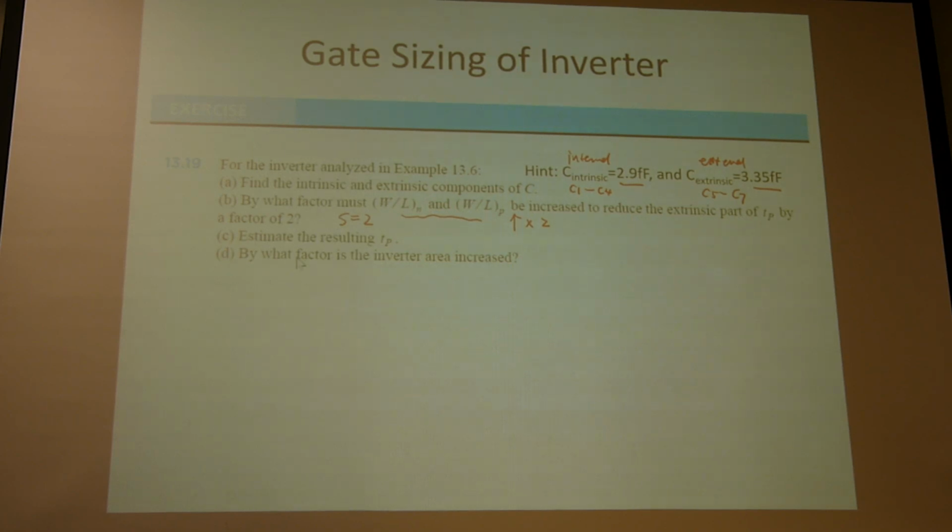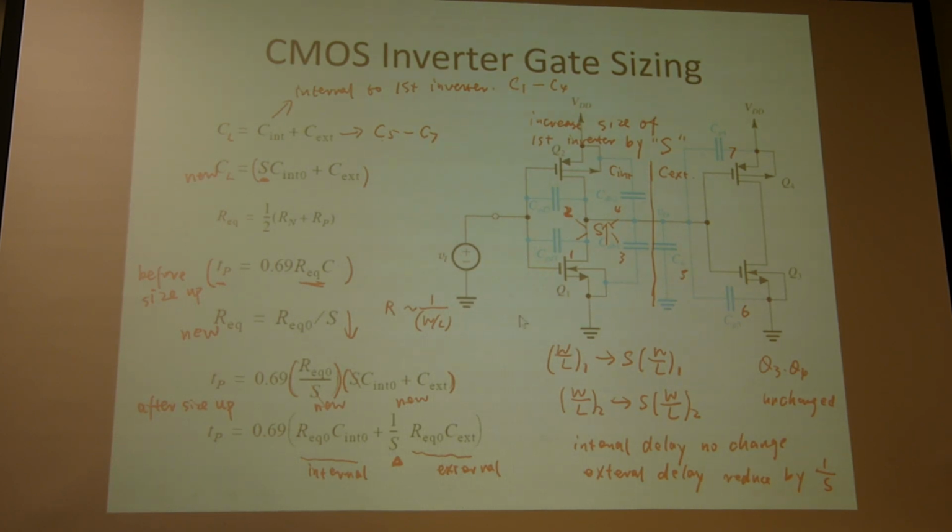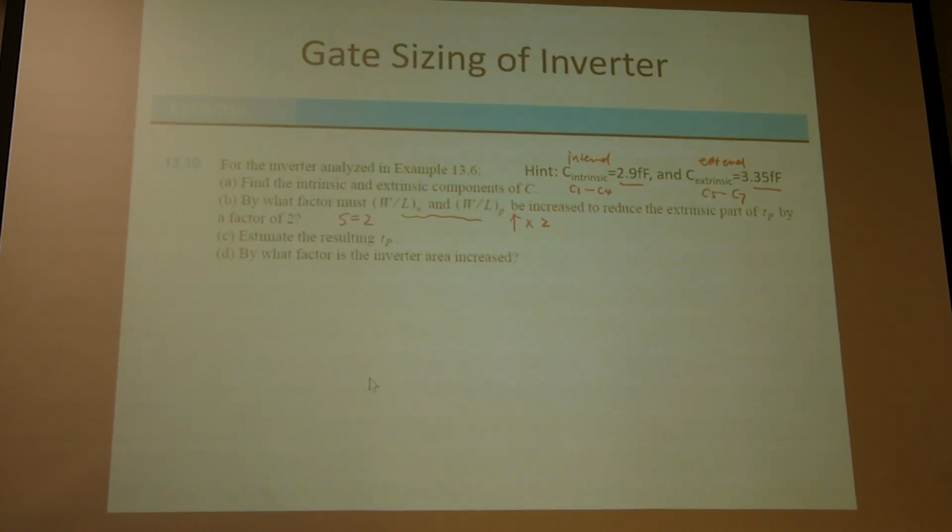And estimate the resulting TP. So your TP has two components, internal and external. So what is the internal TP?